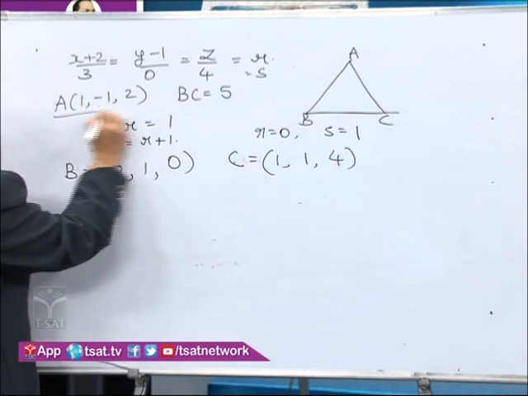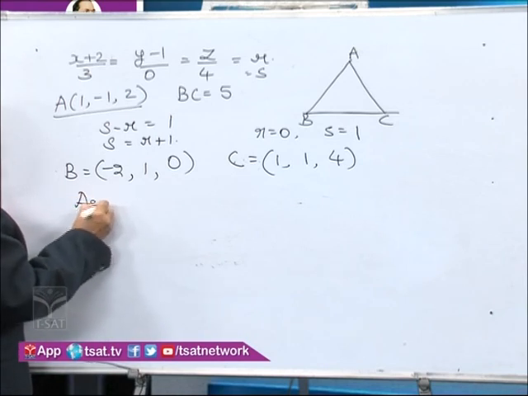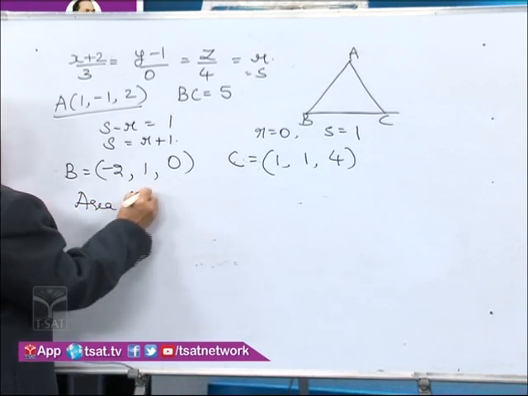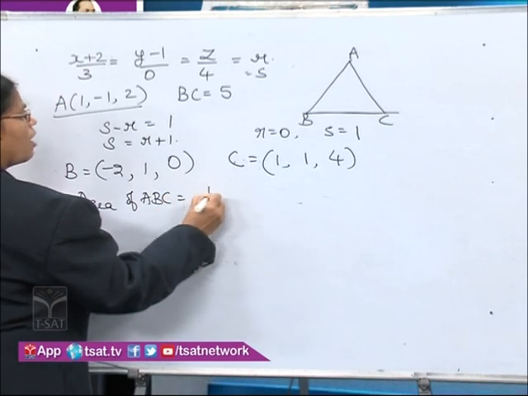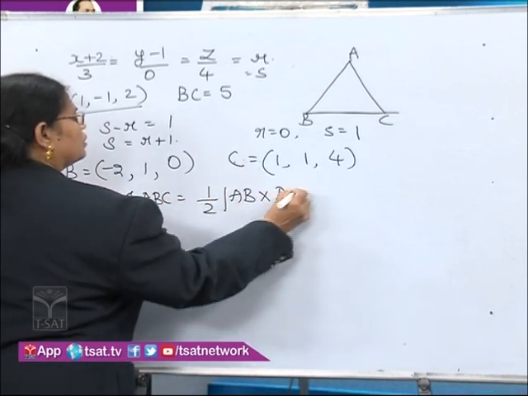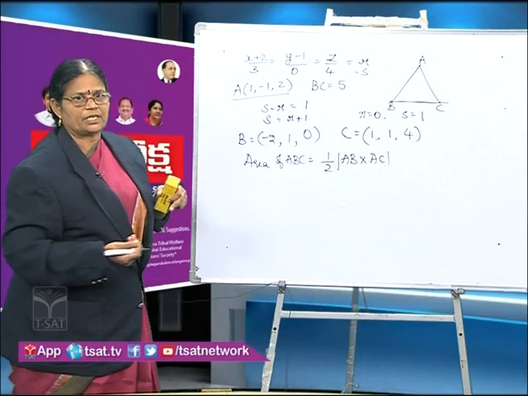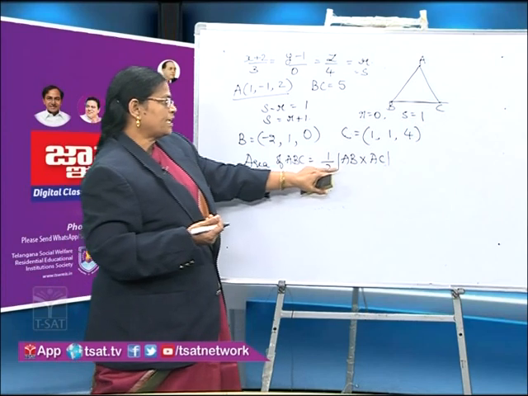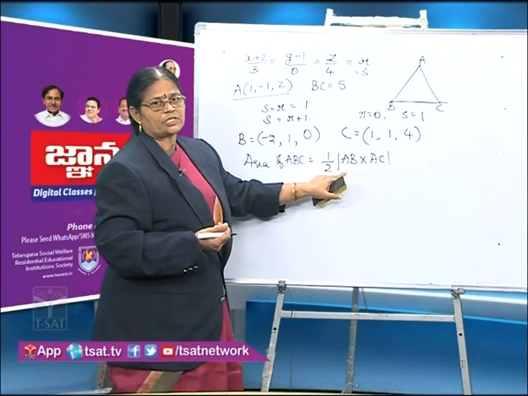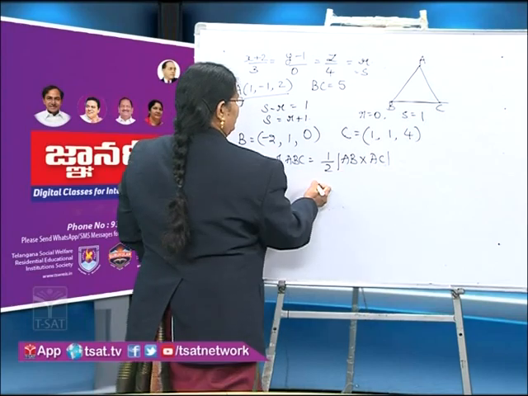And point A is (1, minus 1, 2). In three-dimensional geometry, the area of triangle ABC is given by half of AB cross AC. In two dimensions, we have the formula half into x1 (y2 minus y3) and so on, so you will get confused here. Remember, in three dimensions, the area of triangle ABC is half AB cross AC.